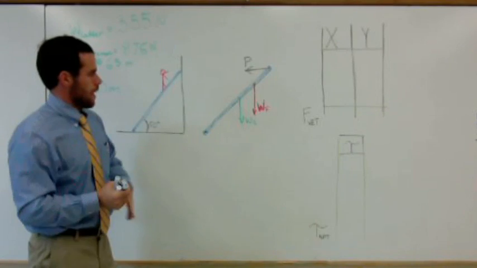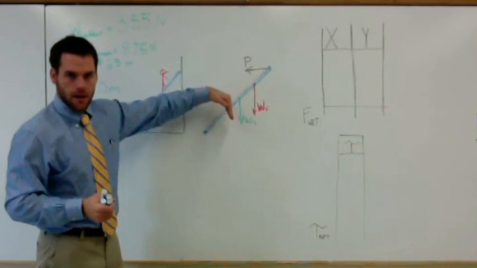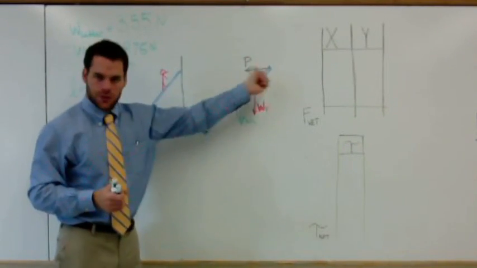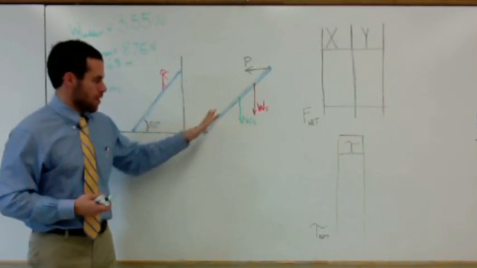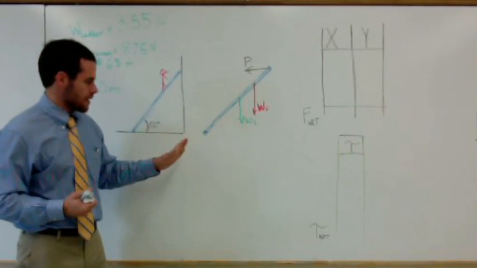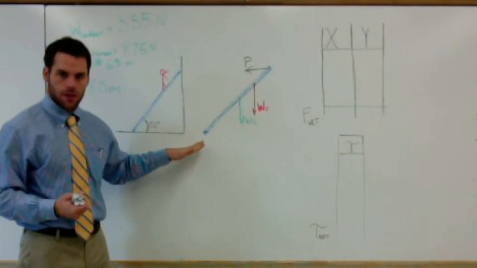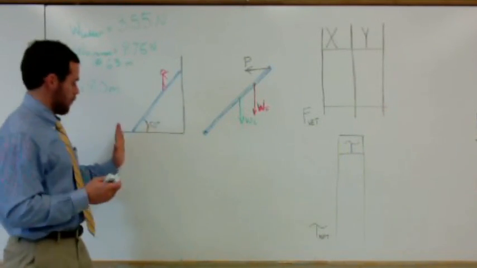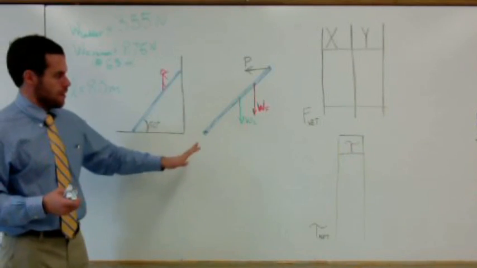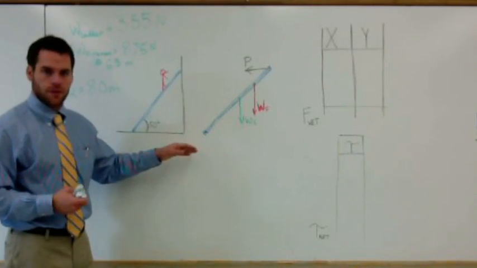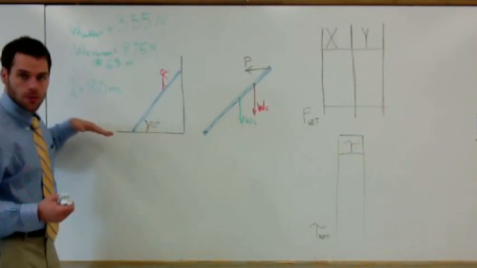So far, I have the weight of the ladder, the weight of the fireman, and the force from the wall coming out on this radial arm, this ladder. Now, there are also two forces on the ground. There's a normal force from the ground pushing back up, and there's also a force of friction. If there was no friction, this ladder would just slide down.